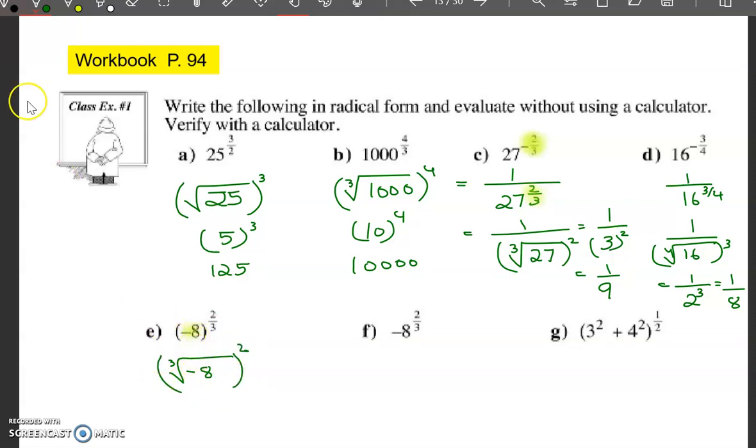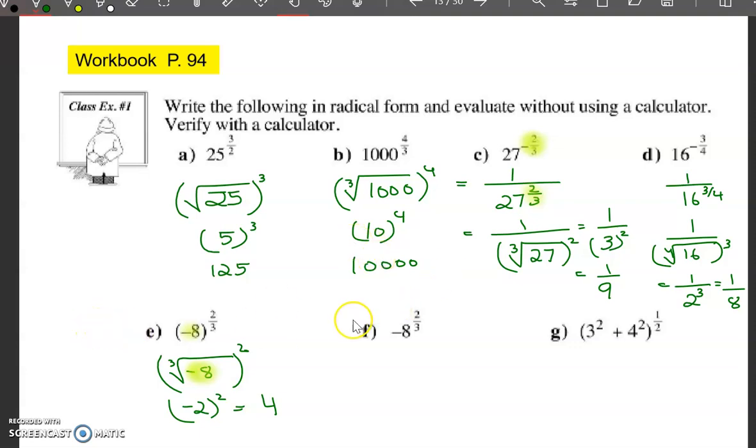So you can see that in our switching of the form, we can't really change that. So this becomes negative 2 and squared. Now the square will make it into a positive, because that's what squaring a negative does. Okay?